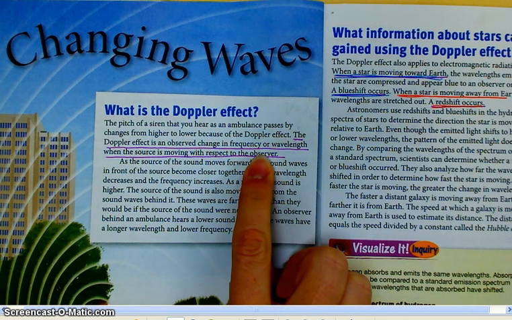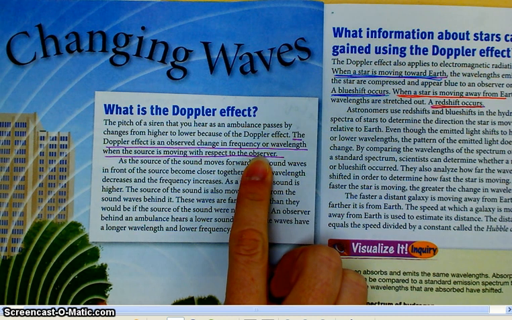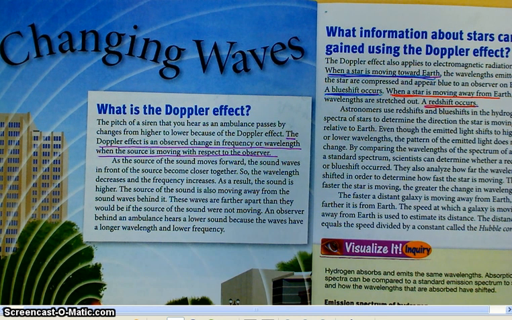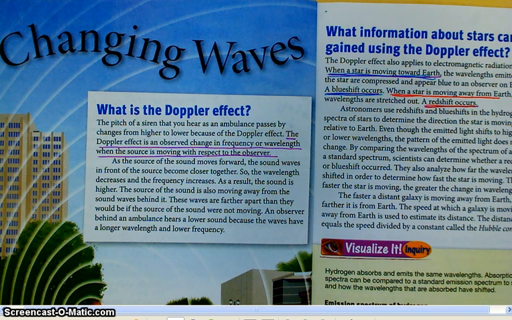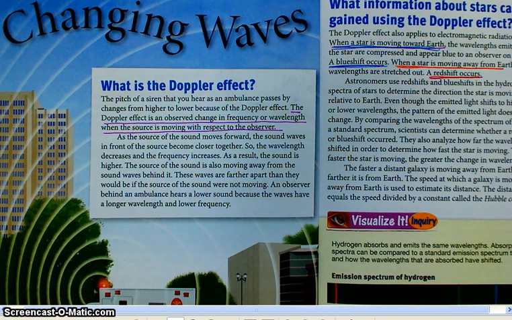Okay, the Doppler effect is an observed change in the frequency or the wavelength of an object because that object is moving. And you've actually experienced the Doppler effect. You probably didn't know what it was called, but let's say that you are standing on a sidewalk and there's an ambulance approaching and then it passes you.